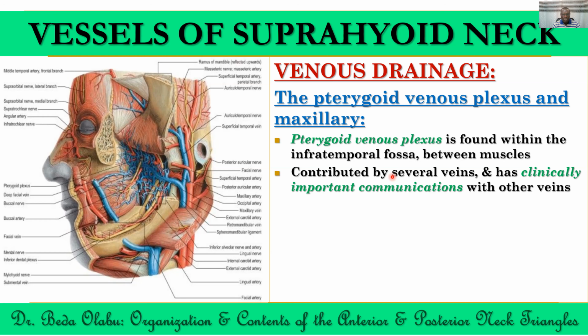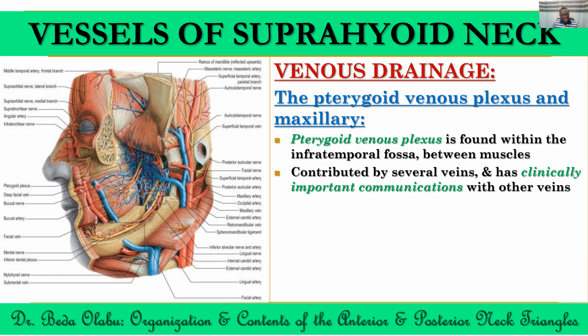And so it's contributed to by many veins. However, in addition to that, it also has some communications, which could also be contributions from the inferior ophthalmic vein. Remember, we discussed that when we looked at the orbital cavity and the eyeball. So that also is an important contribution, and it's clinically important.